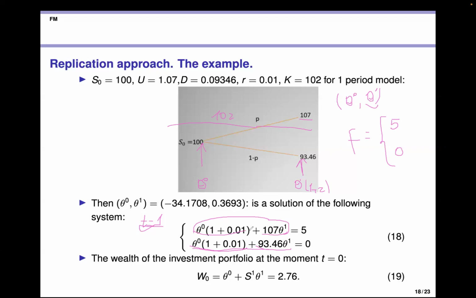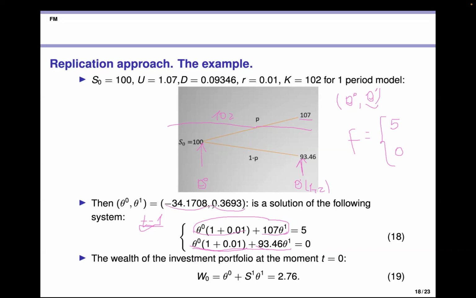So we have this system. From the up equation we can subtract the down equation. On the left it is theta 1 multiplied by 107 minus 93.46, and on the right side it is 5 minus 0, which is 5. From this equation we find theta 1. After that we substitute theta 1 in the first equation and find theta 0.